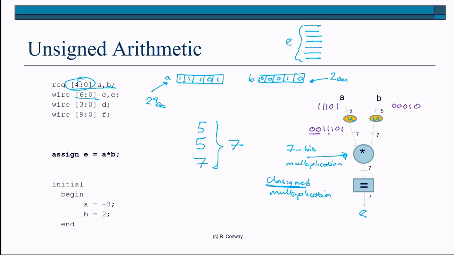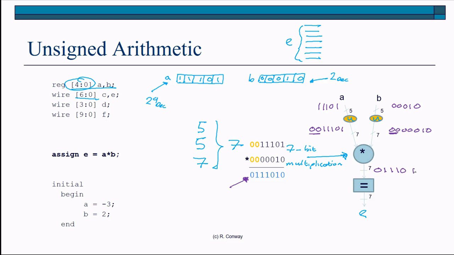That brings us from 5 to 7 bits, and the same for the second operand. We insert 2 zeros because of our unsigned extension. We now multiply these 2 values, and the resulting value is given here. So the output of the multiplication is 0, 1, 1, 1, 0, 1, 0.